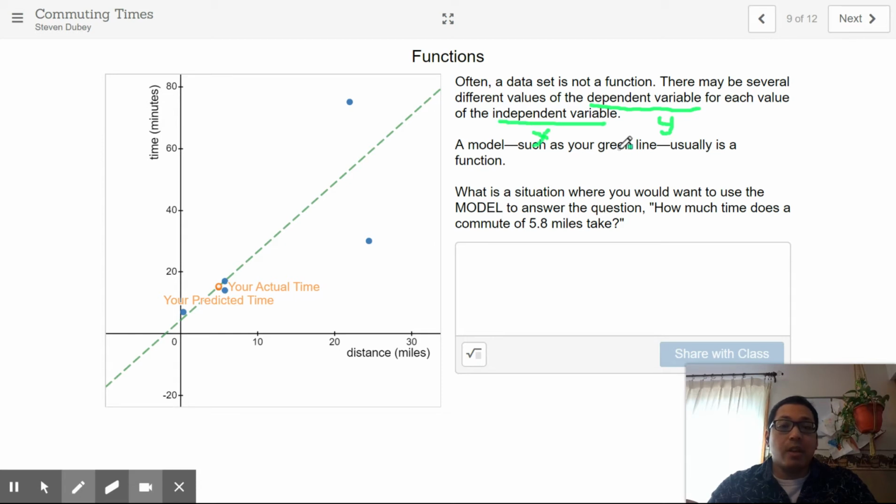So in our data set, we often get dots like these where we'll get two different values of our output for the same value of our input, our x. But a model like this line is a function. So the data is not a function, but the model is.